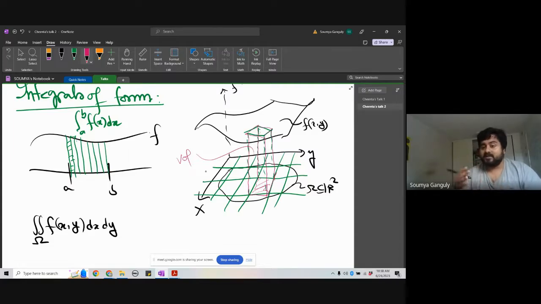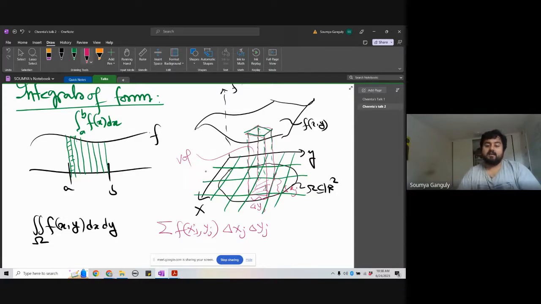It is the same as the Riemann sum as we saw in one dimension. You divide your domain into small strips and take the Riemann sum of f of xj, yj, delta xj, delta yj, where this is your delta yj, this is your delta xj.